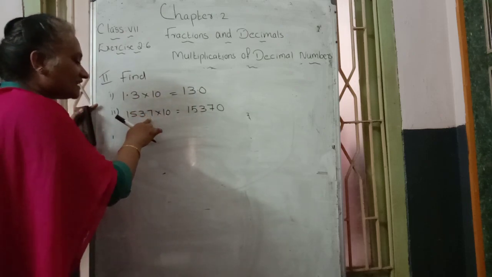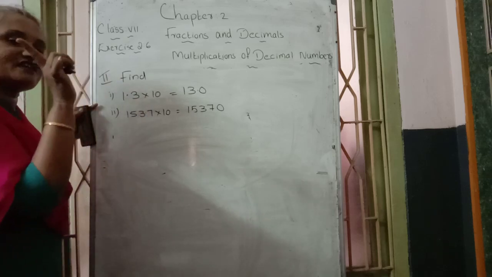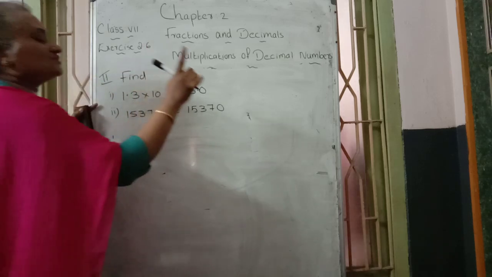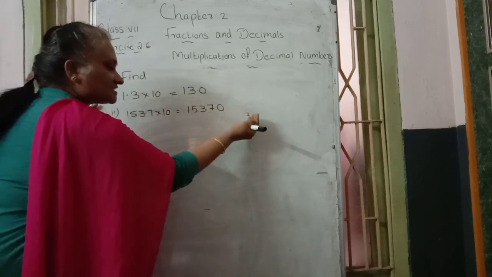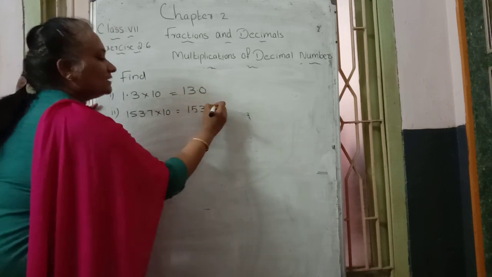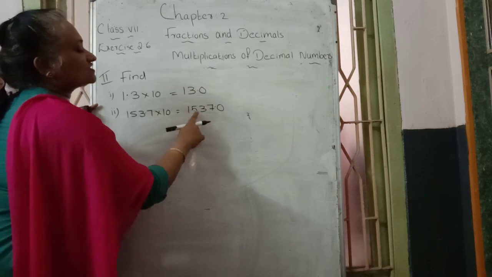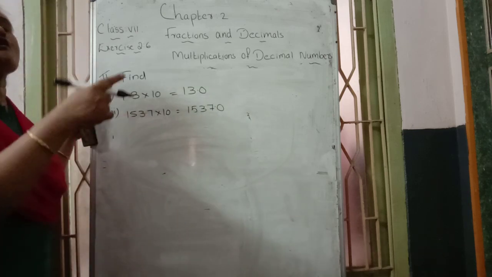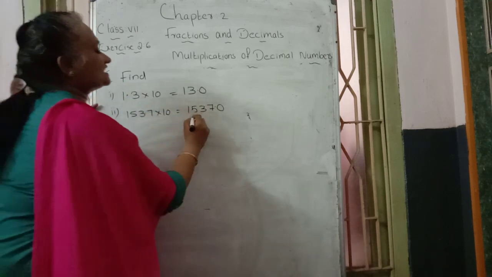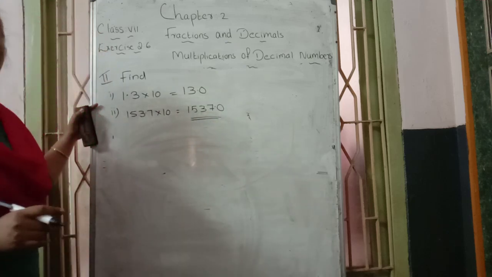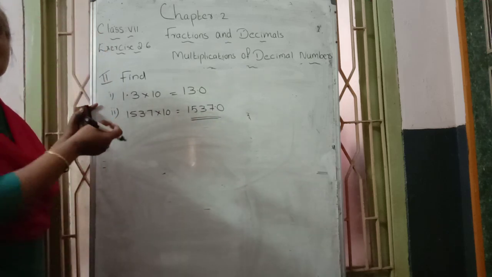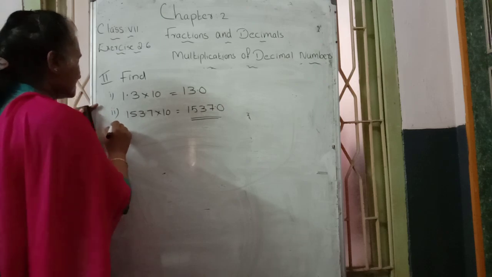Here in the multiplicand place after the decimal point, how many digits? 1 digit. That's why in the answer place, from right side to left side count 1 place and put the decimal point. So what is our answer? 1537.0, point 0 means leave it. So 1537 is the answer. This is the easy way. That's why I am saying in this way.